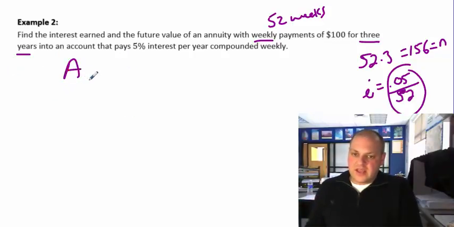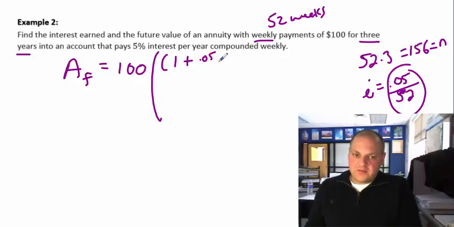All right, so let's do our formula here. AF equals recurring payment of 100, weekly payment of 100, times, okay, we got 1 plus 0.05 divided by 52, and that gets raised to the 156 minus 1.